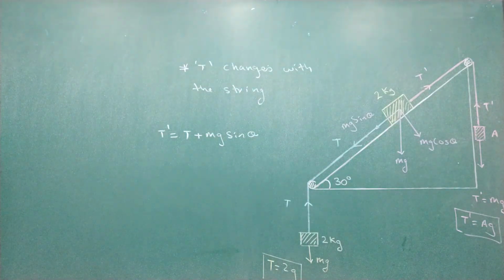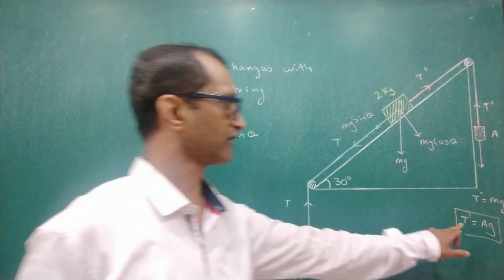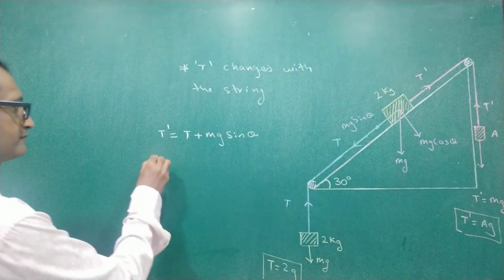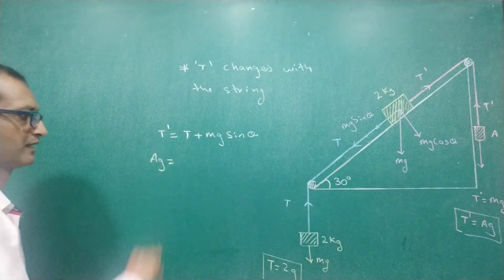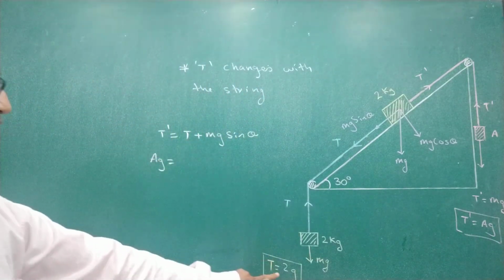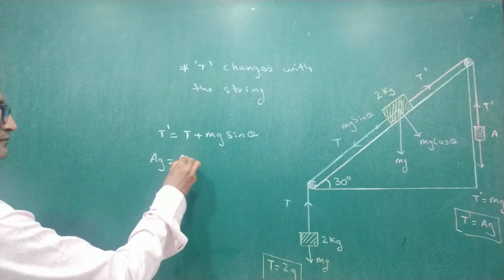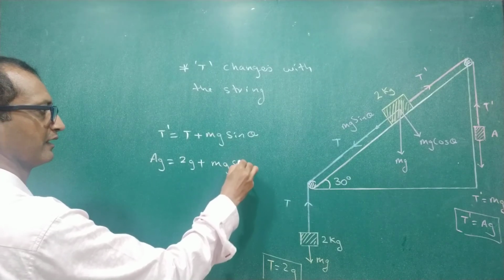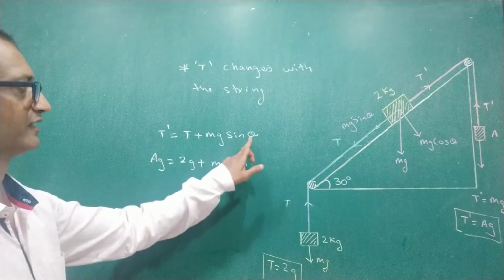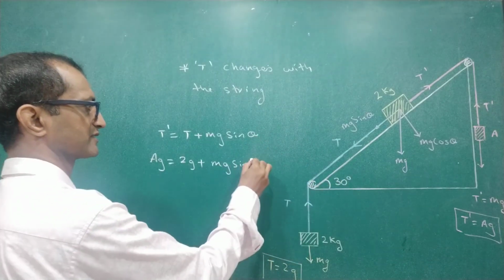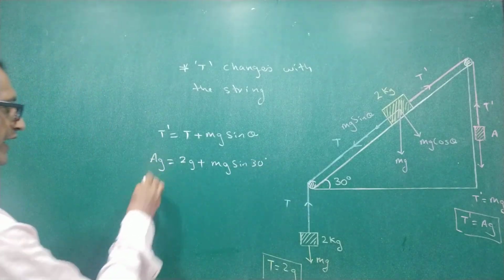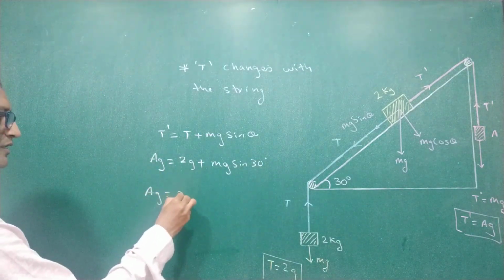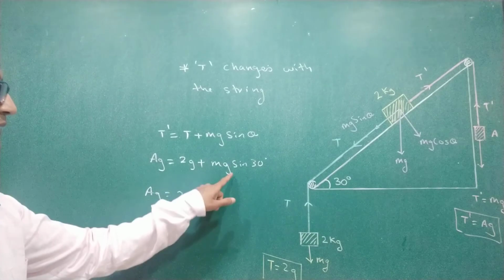But we know that T dash's value is Ag and this T's value is 2g, plus mg sin theta. Theta is nothing but 30 degrees in this case. Ag is 2g plus mg sin theta.